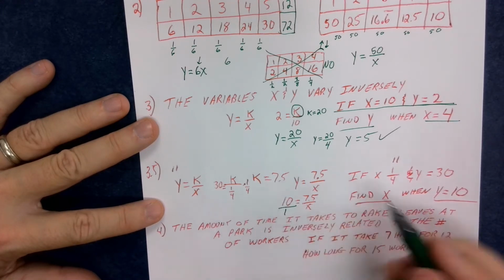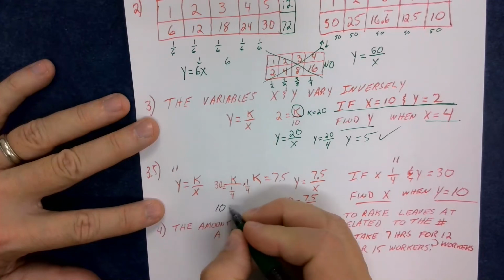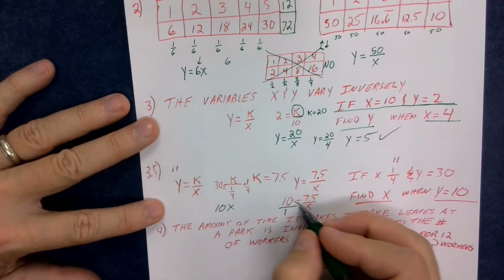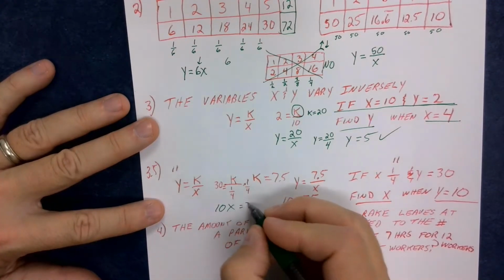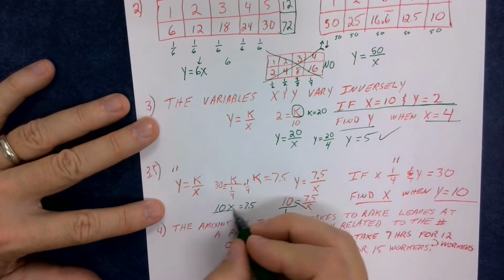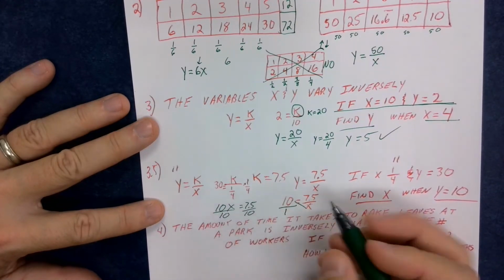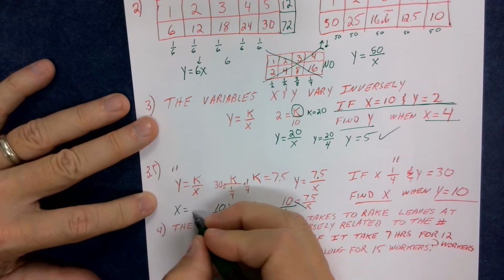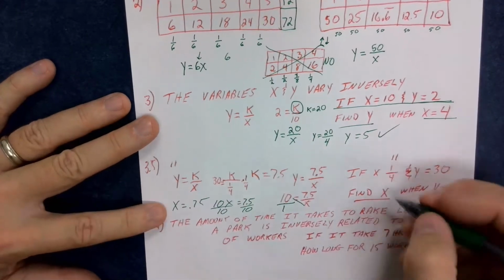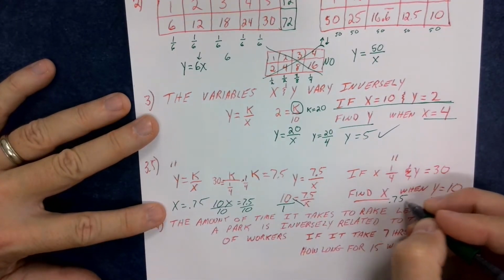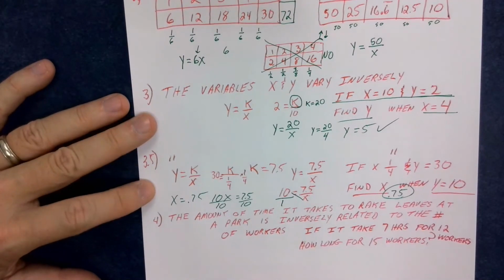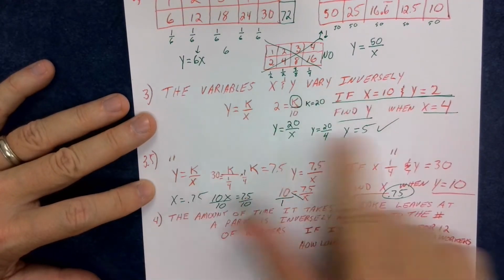So when it's a proportion, I cross multiply, and I get 10 times x equals 7.5, and I divide by 10, and I get x equals 0.75. Okay? Feeling okay on how to set those up?